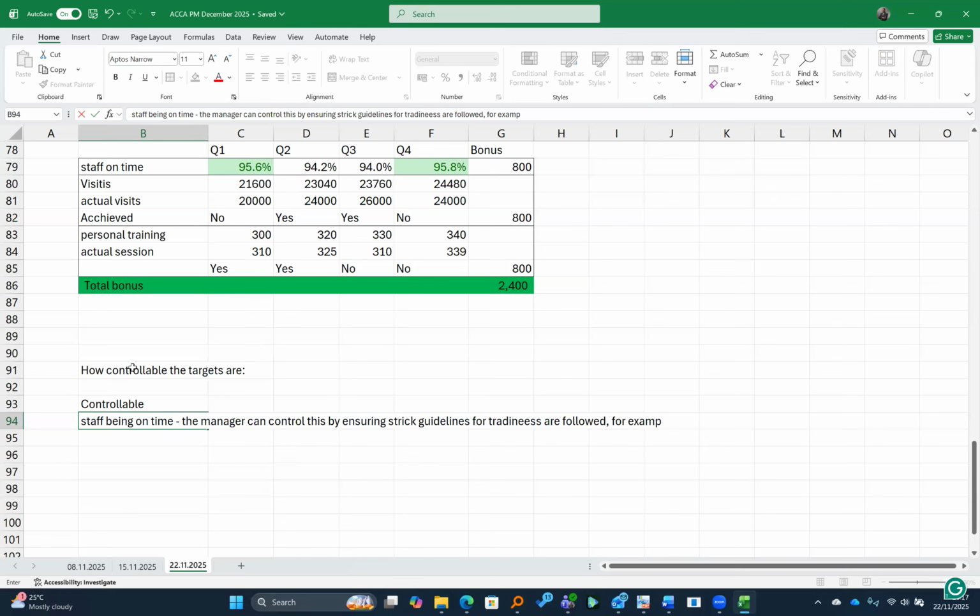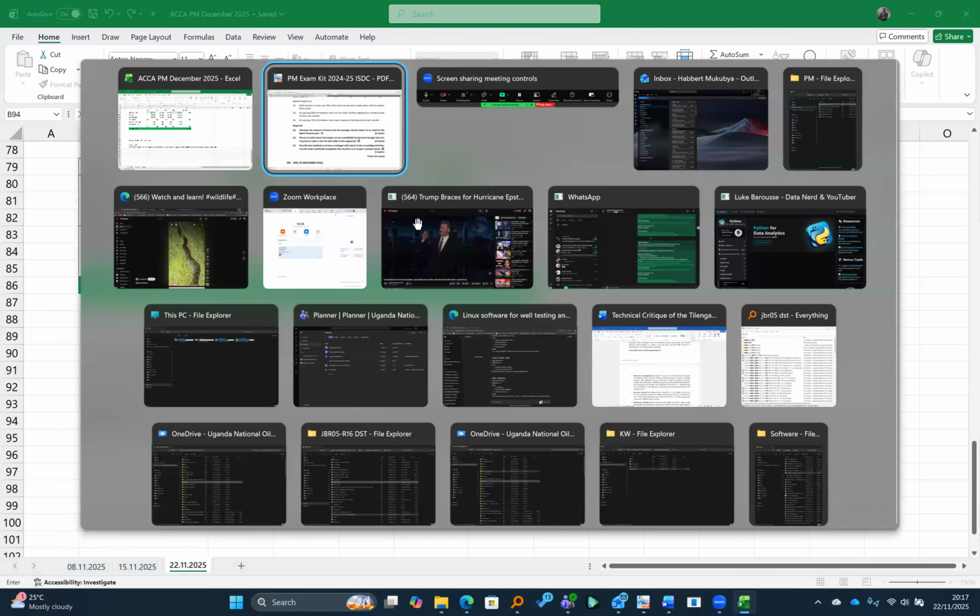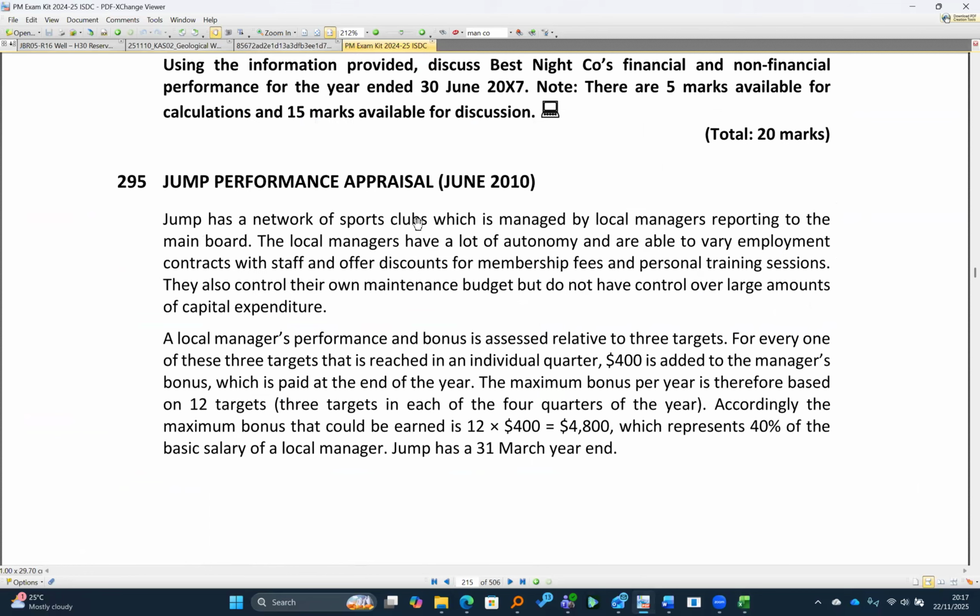For example, warnings, things that can be done by managers to control people coming on time. And you see, the question also told us that this manager has a lot of autonomy.